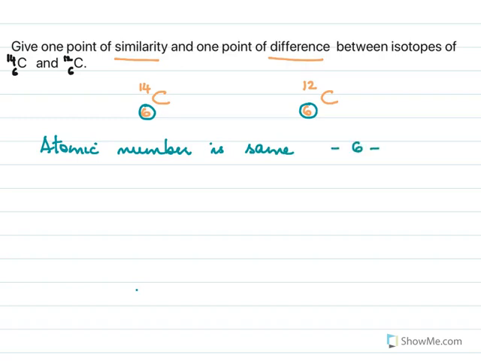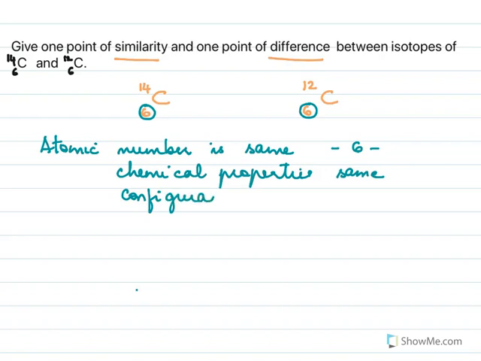If atomic number is same, the chemical properties will be same. And if chemical properties are same, definitely the electronic configuration is also same. Now what is different?